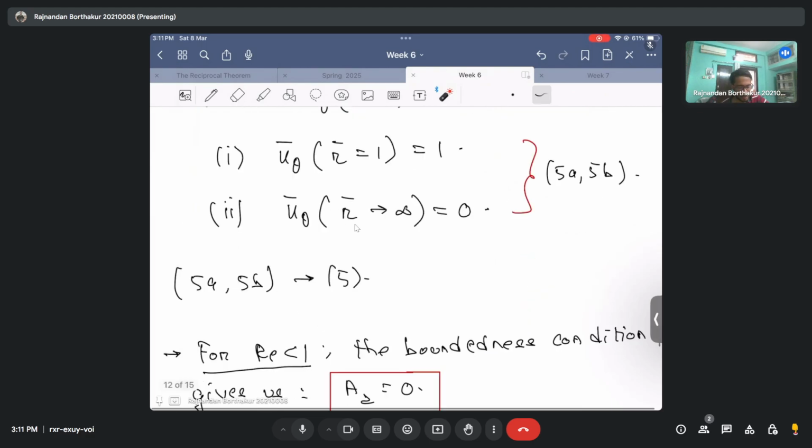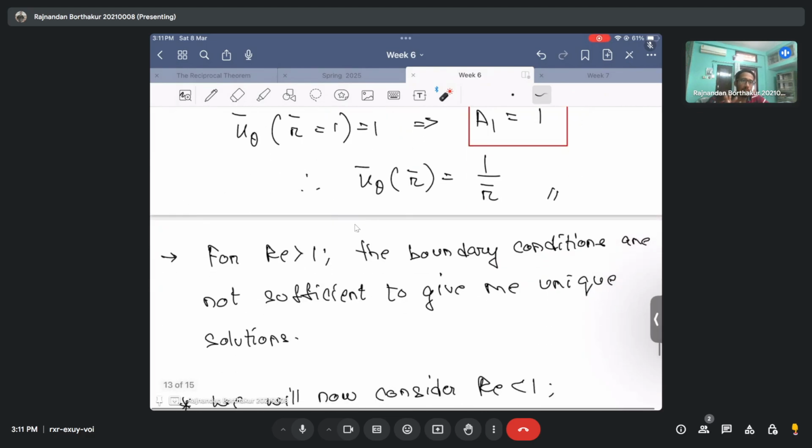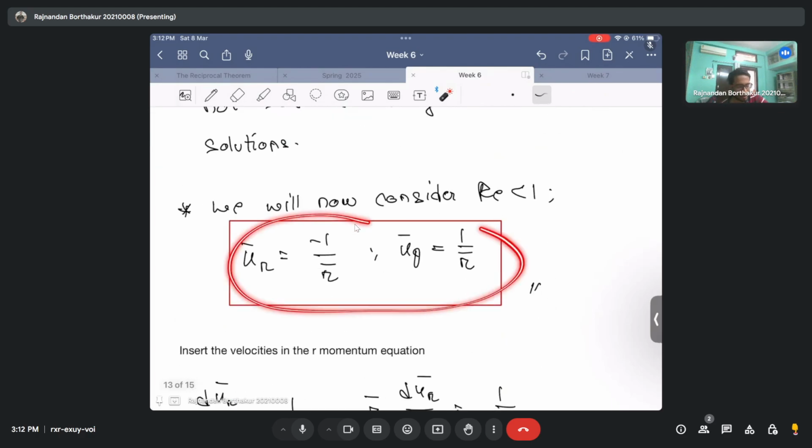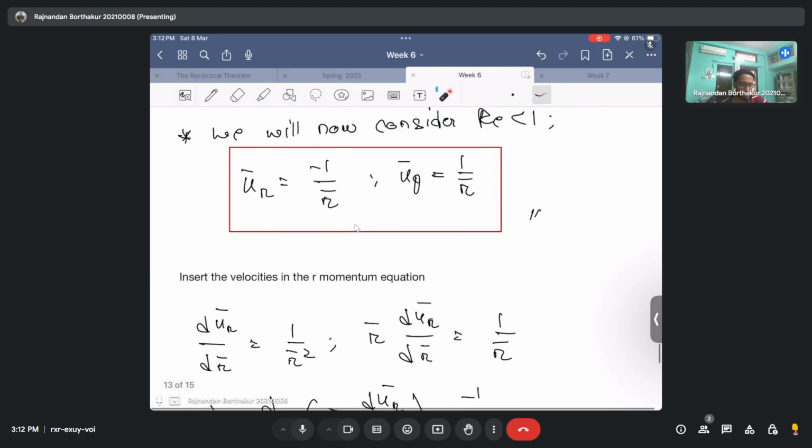Which means that for low Reynolds number flows, exactly for Reynolds number less than 1, the analytical methodology will give us unique solutions. But for Reynolds number greater than 1, this form of solution for ur and u theta does not hold good.